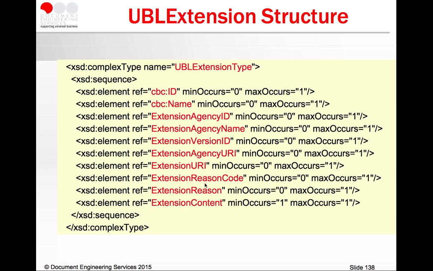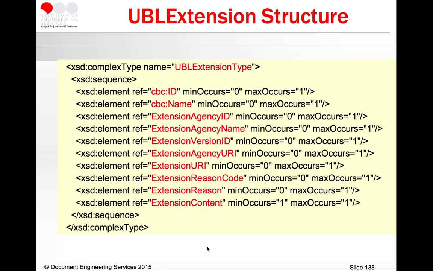So let's have a look at what the extension looks like as a structure. It has a lot of information to identify it, and even a reason. And the content itself goes into this structure here, the extension content.